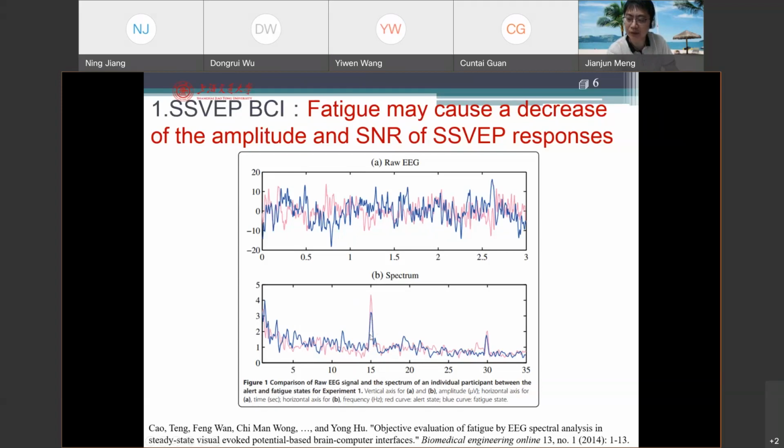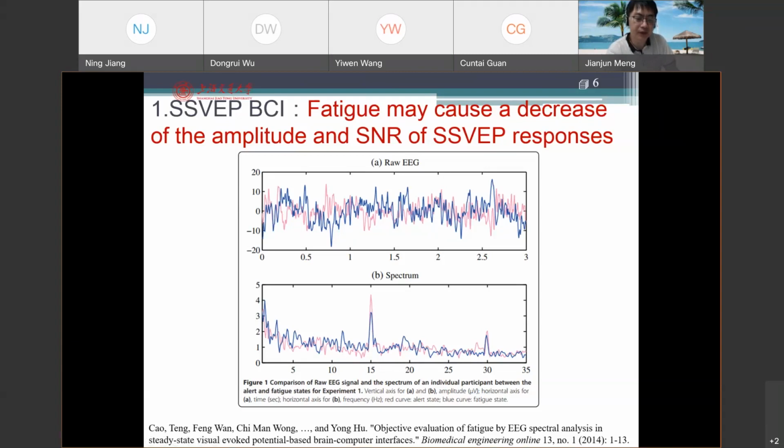This blue line represents the SSVEP amplitude response at the later stage of the task, and this red line represents the response at the beginning of the task. Their conclusion is that fatigue might have negative effects on SSVEP-based BCI performance, because the elicited SSVEP might be reduced due to users' fatigue, as this blue line is smaller than this red line.